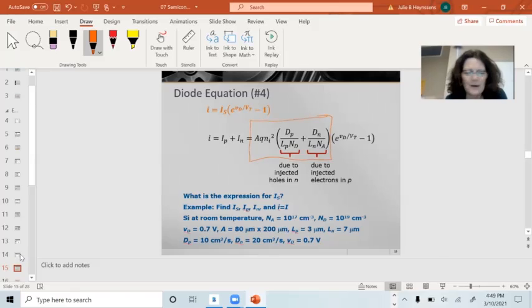The physics behind that is in this book, and we're not going to go into it in much depth in the class. But you can calculate IS using that part of the equation, if you know all those numbers.